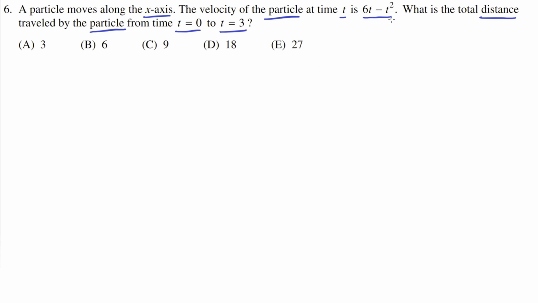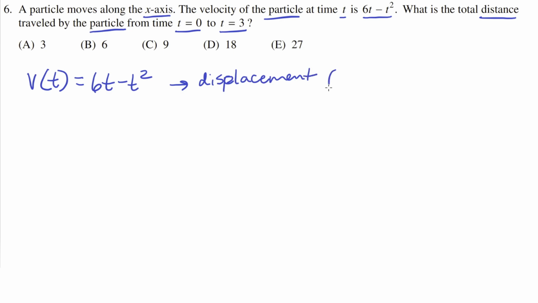So what we need to do using this velocity, 6t minus t squared, is find the total displacement from t equals 0 to t equals 3.